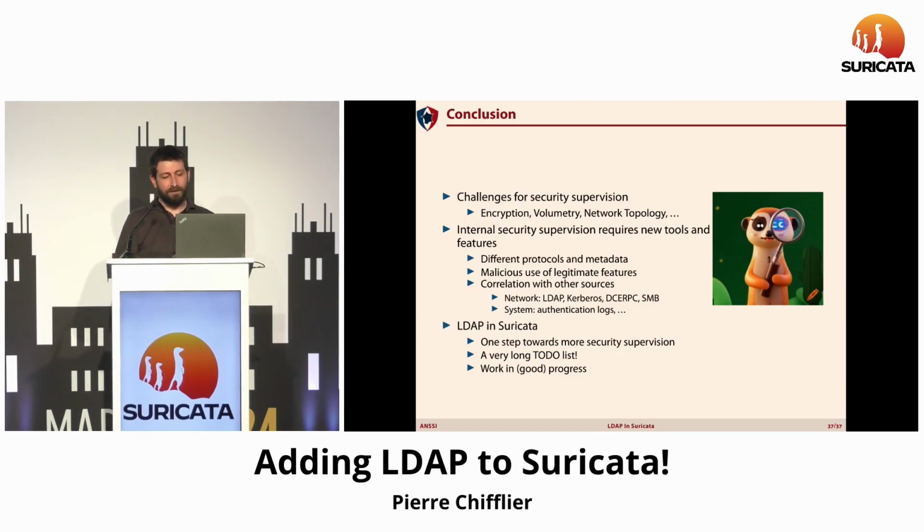I'm trying to, as I said, focus on different presentation of what we will be able to achieve with the LDAP app layer in Suricata. So, internal security supervision is a kind of supervision that requires different tools, different protocols, different applications to handle data. I cannot stress enough the fact that, for example, if you want to log everything, every single LDAP request and so on, it will probably not work because there are so many queries per second that you will flood your logging system very quickly.